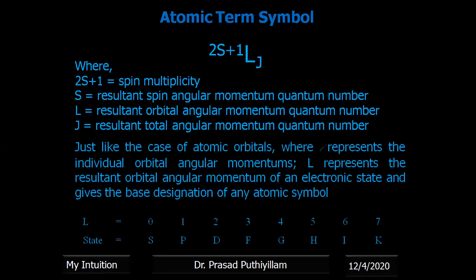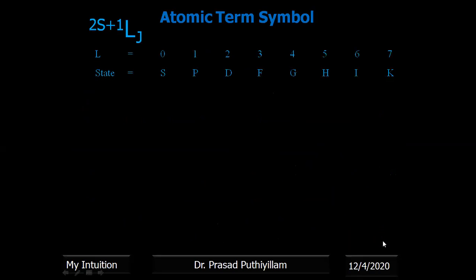How do we calculate it? If the L value is 0, then the corresponding state we write as S. That means in place of L we write S if the resultant orbital angular momentum value L is 0. Like that, for 1 we write P, 2 we write D, 3 we write F, 4 we write G, 5 we write H, for 6 we write I, and for 7 we write K, and so on.